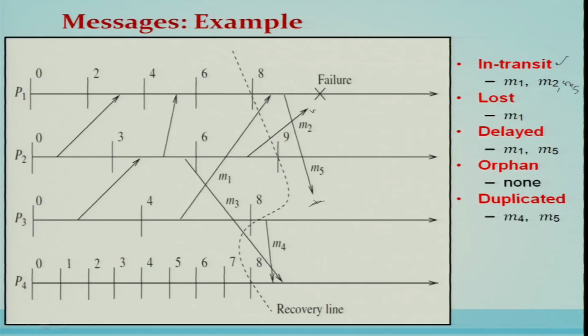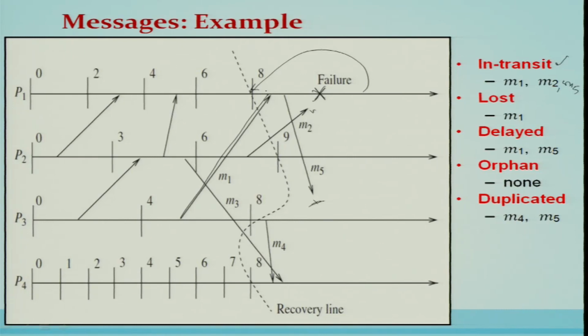The lost message is M1. Why is M1 a lost message? Because there is a failure, and due to the failure, if it rolls back to the previous consistent checkpoint state, then the receipt of this particular message will not be there.